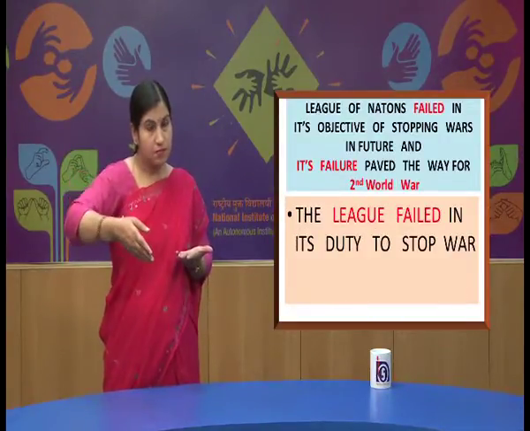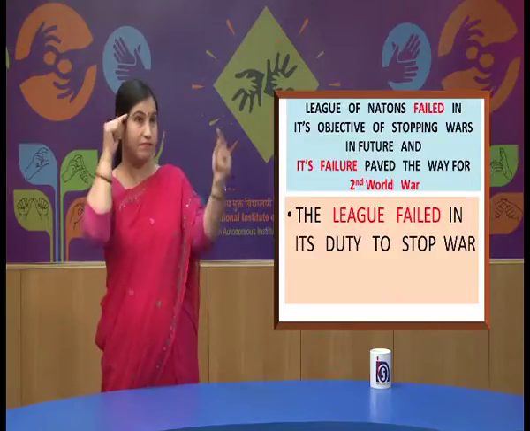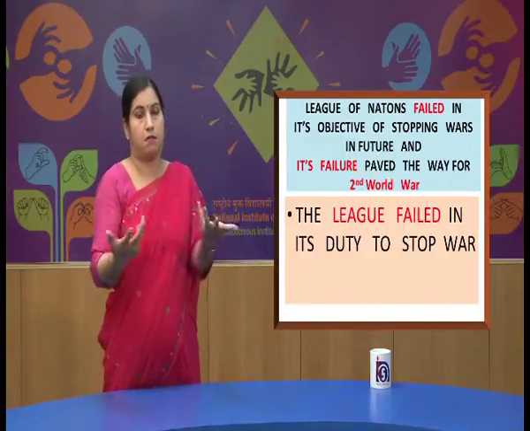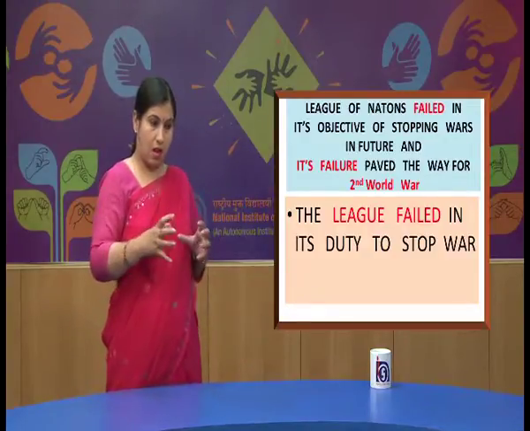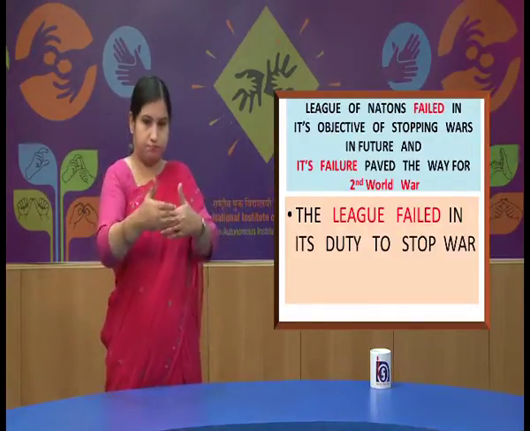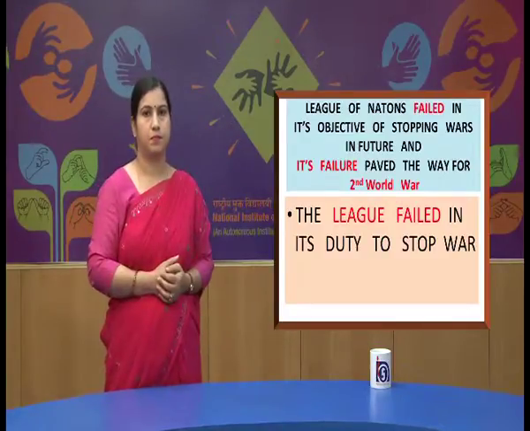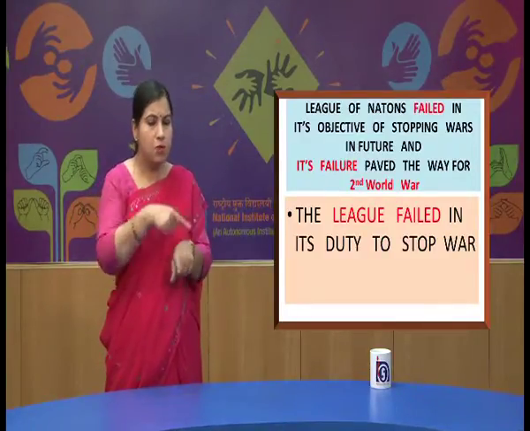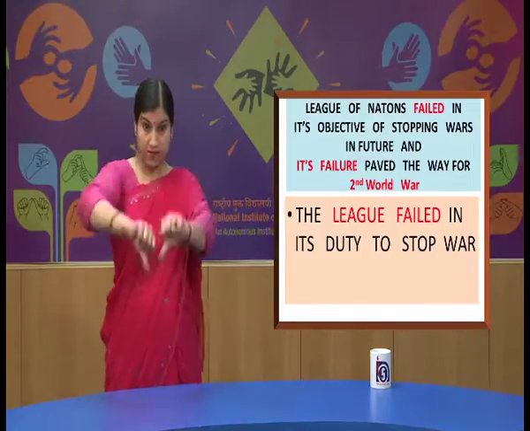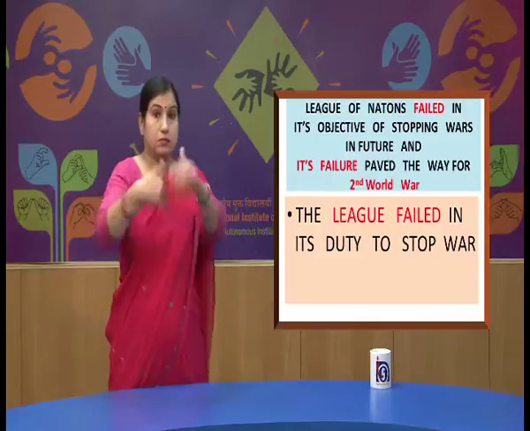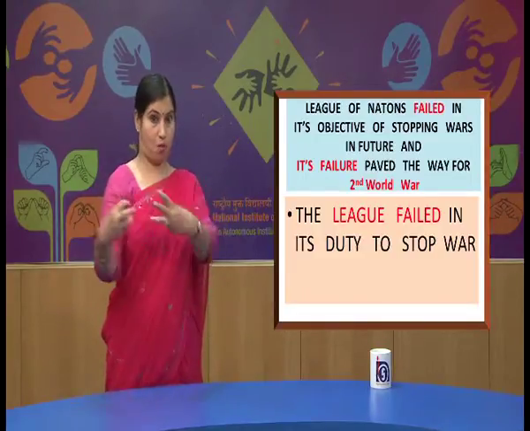However, the League failed in its objective and could not take desired action against aggressor countries in the years to come. And we can say that this failure of the League in fact became a big cause of the Second World War.